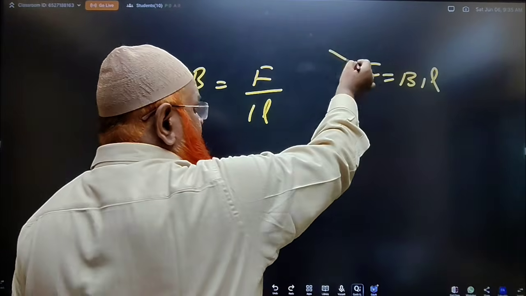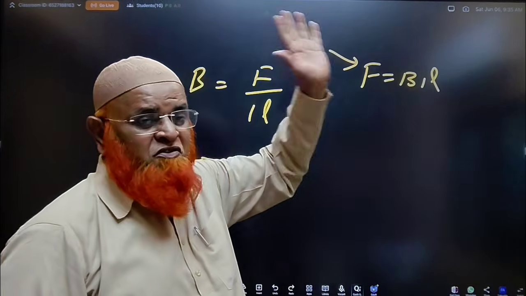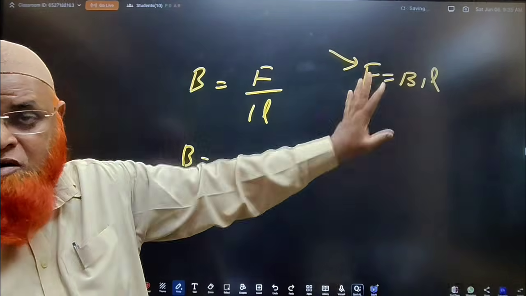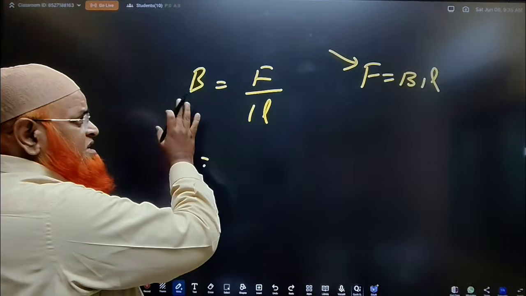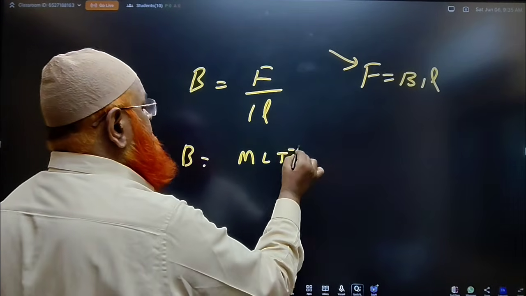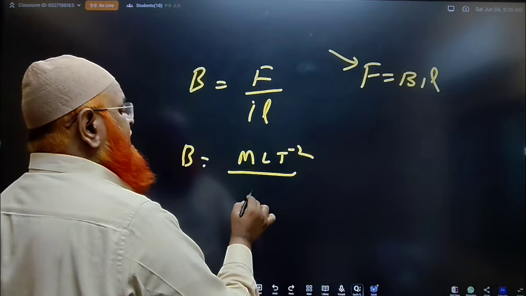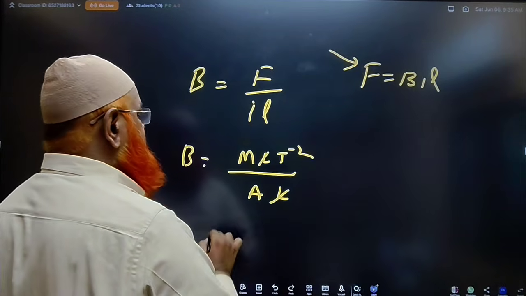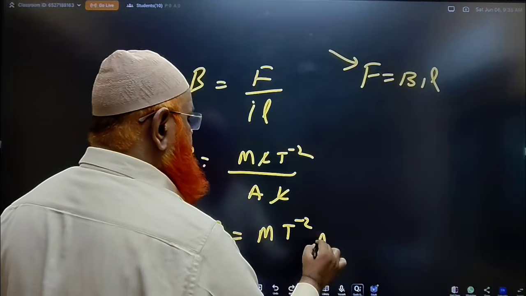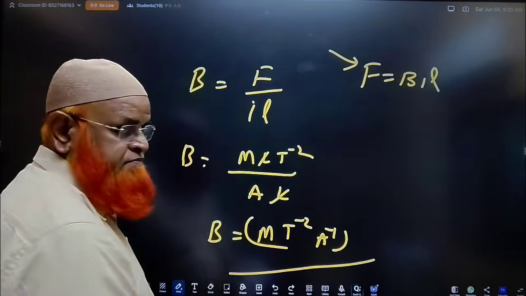This is the only formula which makes it easier to derive the formula for B. This is the easiest way to find B; all the other formulas are difficult. Whenever you are asked for B, you should remember F is equal to BIL. So force means MLT^-2, I means A, and L gets cancelled. So B is nothing but M, L is not there, T^-2, A^-1. Is it okay?